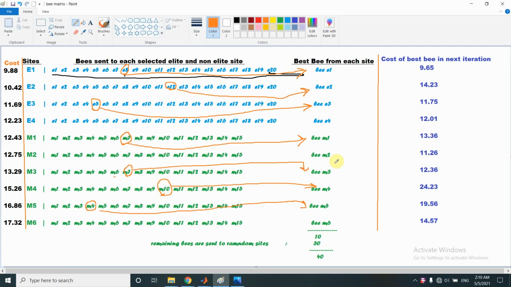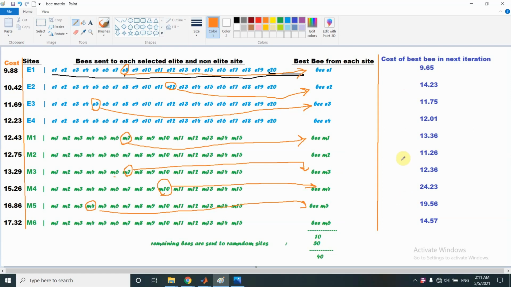Now we will update the best bee for each iteration. So here on the left is the cost from the previous iteration, and on my left is the cost in the current iteration, or we can say the next iteration.